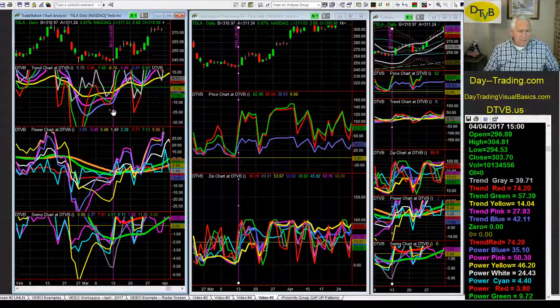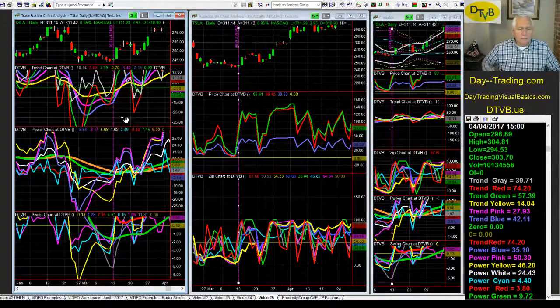In that example, red is under green, and when red crosses over green, you have the start of an uptrend. So on the first green candle day, where the pink-blue line is on the trend chart, red has crossed up over green to indicate the start of an uptrend. So there are several things happening here.